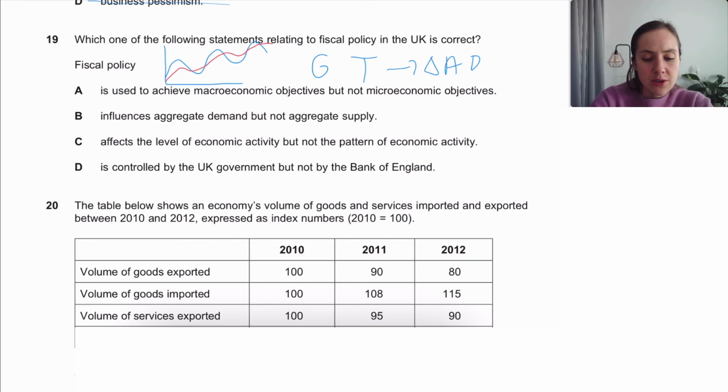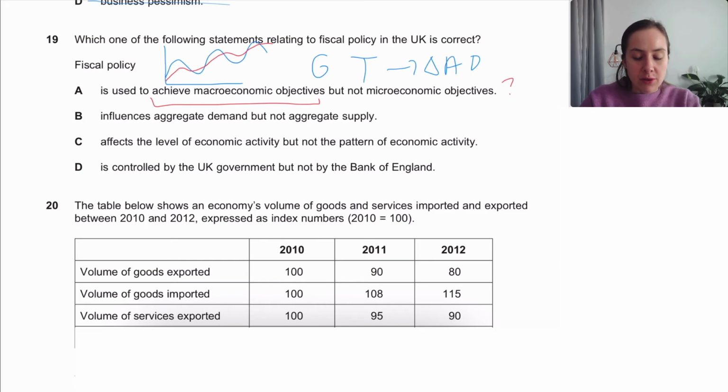So it usually tries to achieve macroeconomic objectives, because it tries to achieve growth and more employment when you're in a recession. Not micro objectives. Micro objectives are solving market failures, externalities. I think that sounds okay for now.